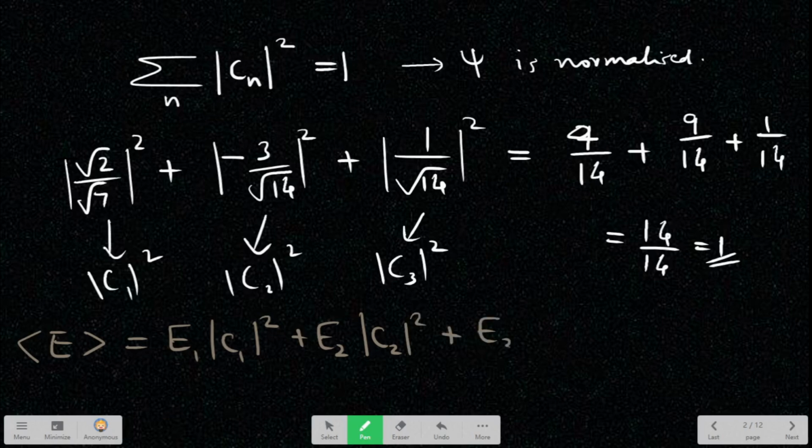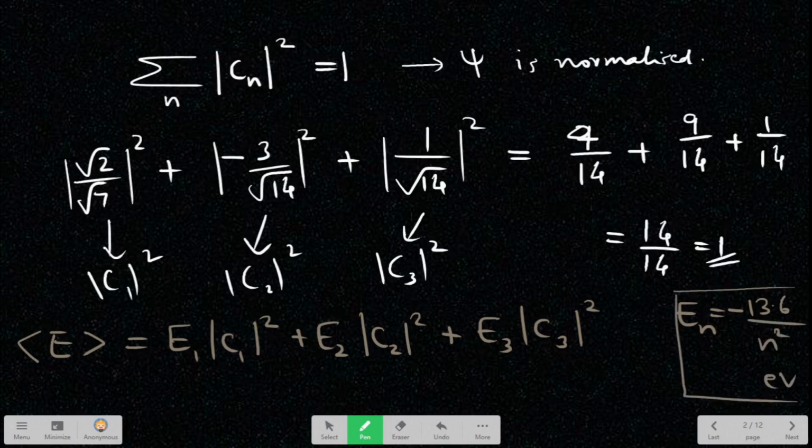And for hydrogen atom we know that En is equal to minus 13.6 divided by n square in electron volts. Therefore expectation value of energy will be equal to E1, which is minus 13.6 by 1 square, which is minus 13.6 itself, times C1 mod square, which is 4 by 14.